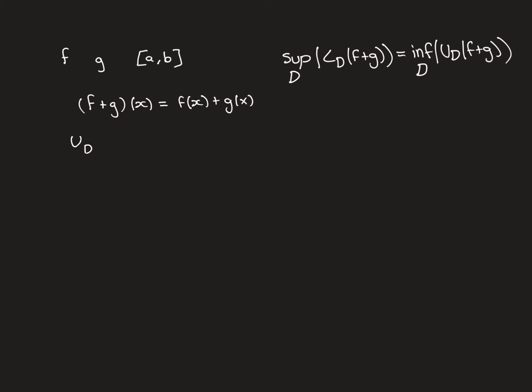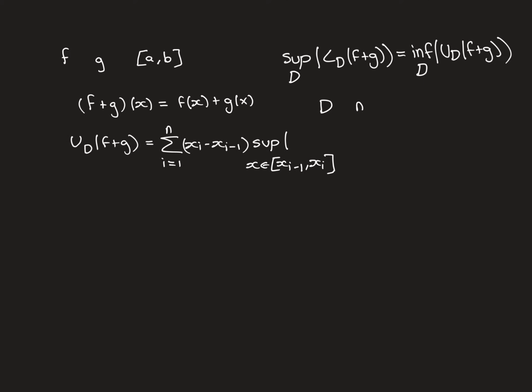So let's consider the upper Riemann sum over some dissection D of f plus g. So again, we've got our arbitrary dissection D, and just so that we can actually write down what the sum is equal to, let's say it's splitting that interval [a, b] up into n pieces. So this is going to be the sum from i equals 1 to n of (x_i minus x_{i-1}) times the supremum of the value of f plus g at x, where x is allowed to vary over the elements in the interval [x_{i-1}, x_i].